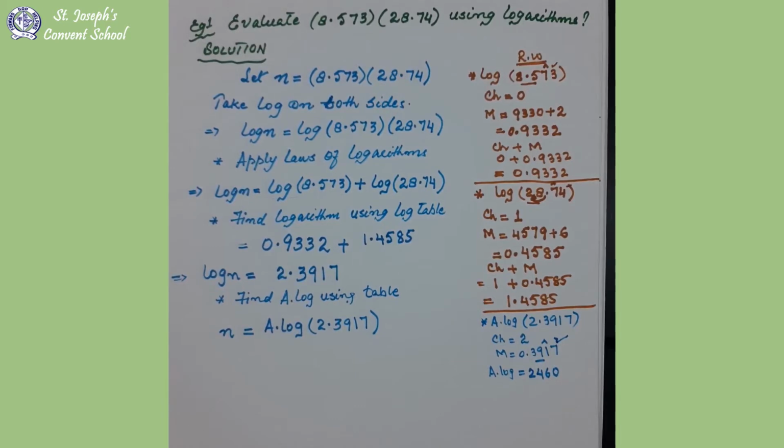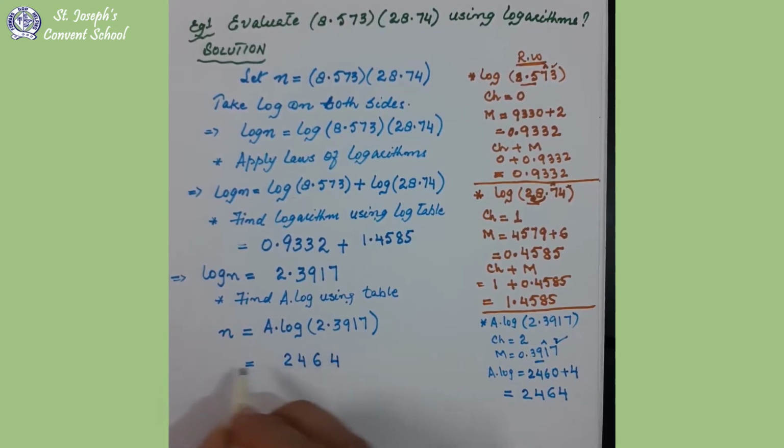So the value of 7 in the mean difference column is 4, so we always add. So this will become 2464. Okay, so the value here is 2464. Now the last step is where to put the decimal.